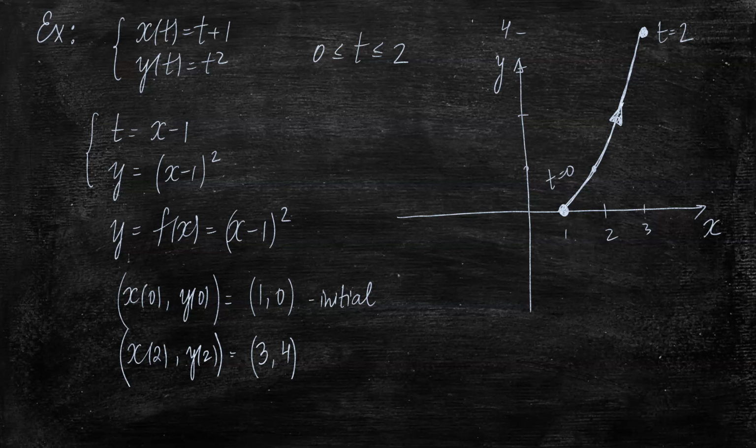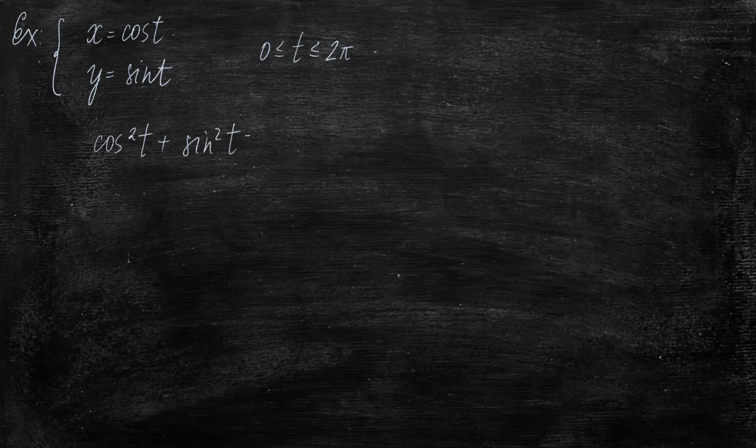Let's try another example. Let's eliminate the parameter for the following parametric equation, and here we are going to deviate from the original technique of elimination, and we're actually going to use the trigonometric identity that says that cosine squared t plus sine squared t is equal to 1, and therefore x squared plus y squared is equal to 1.